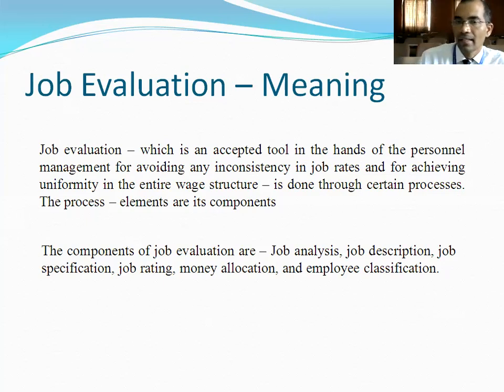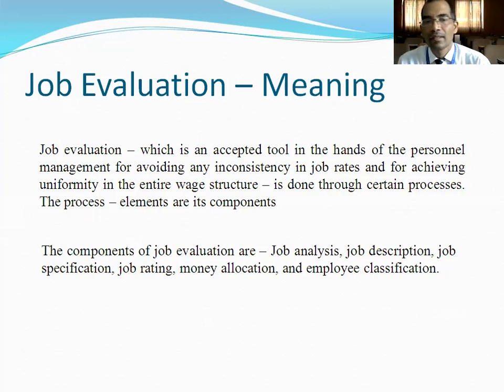As I said, there are so many criteria, and on the basis of that it will be decided how much you are going to get. So it should be done in a particular process, with different components, criteria and parameters. On the basis of that, salary or wage will be decided.